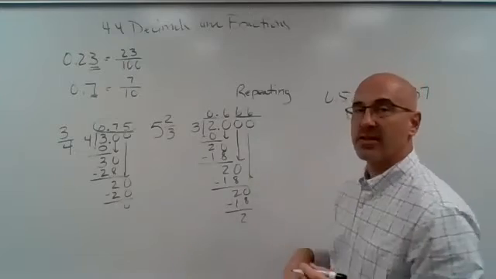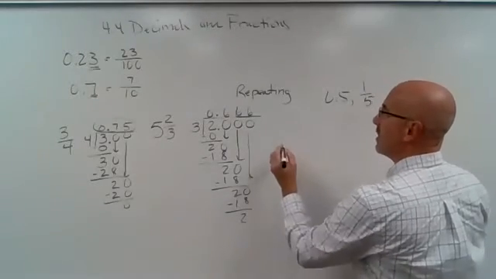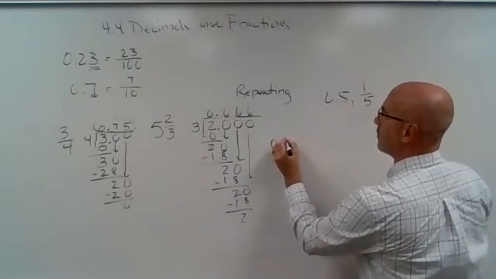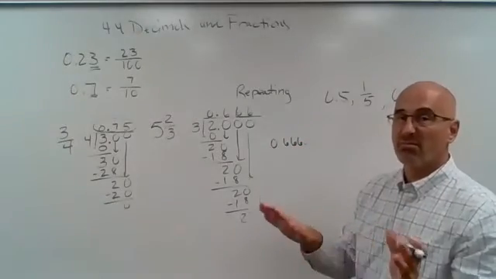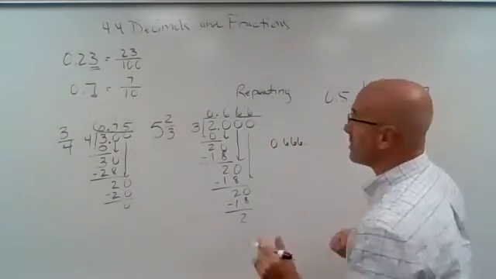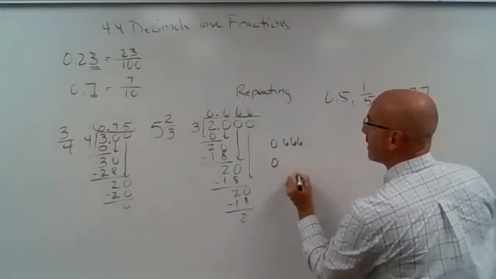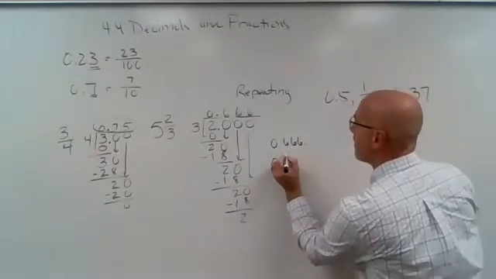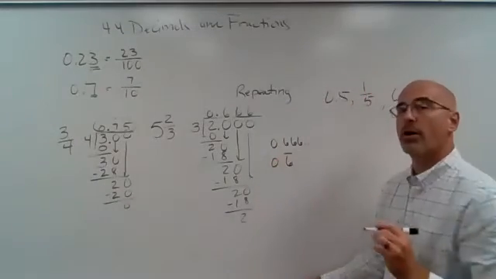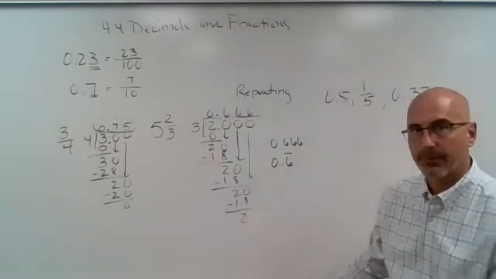So we can write this 2 different ways. We can write this as 0.666, and then we can put 3 dots. We could do that. The better way to do that is to write 0.6, and then we put a bar over what is repeating.